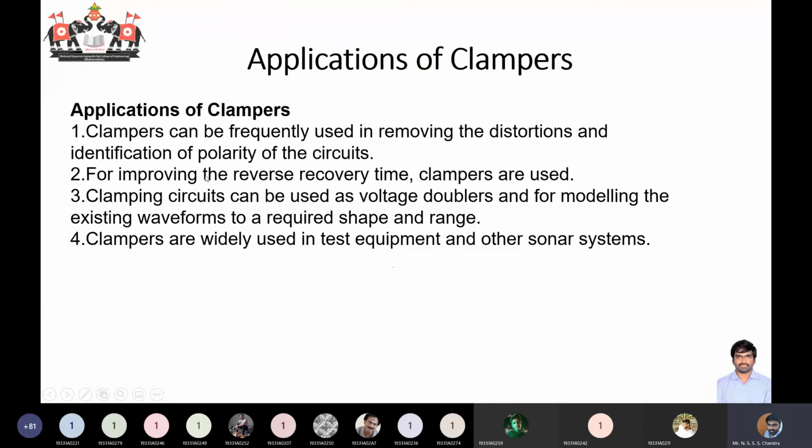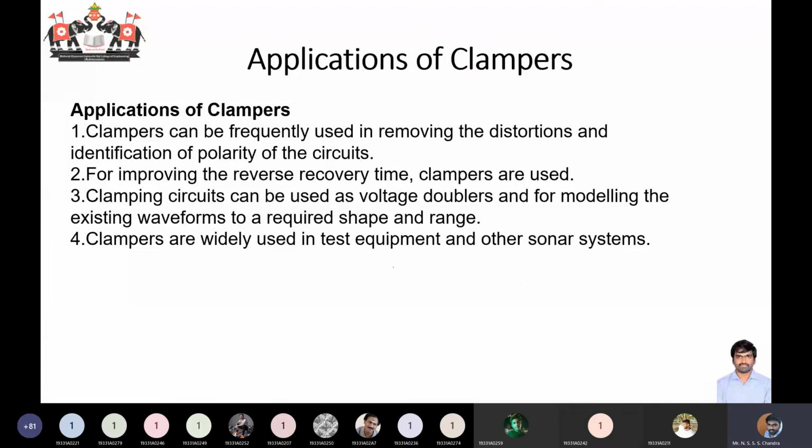And for improving the reverse recovery time, this is not required for you because I skipped this topic with the diode, so you will not be able to know this. And then clamping circuits can be used as voltage doublers. So voltage doublers means you are given some 10 volt signal and you want to get a 20 volt signal.